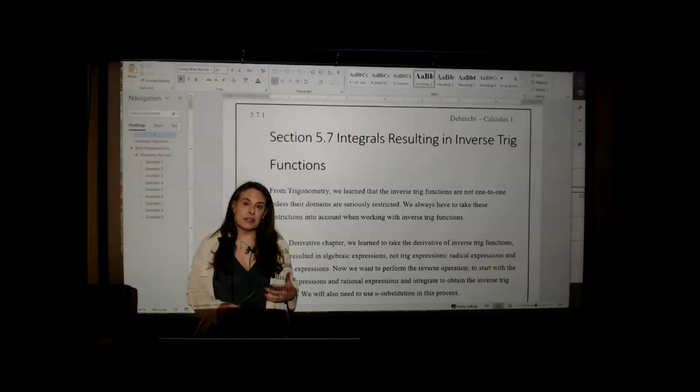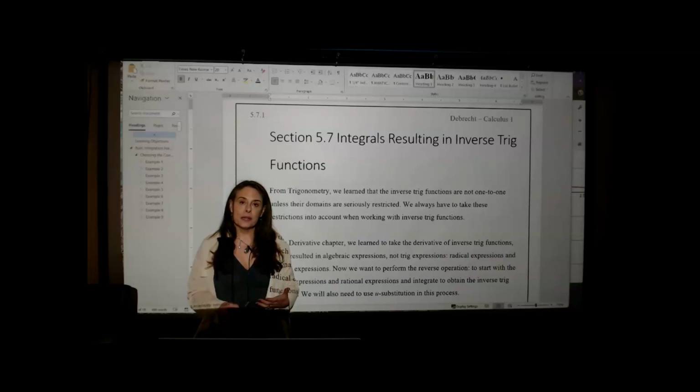When we're dealing with these functions, remember that the derivatives of them actually gave us rational functions, or a fraction with a radical in it. The derivative of the arctangent of x was 1 over 1 plus x squared.